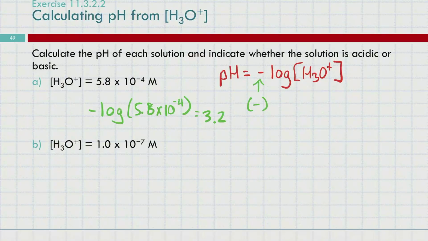A check is something that you write out, usually your name and amount, who it's to, like giving money to somebody. A check, in this case, is to make sure that we got the right answer. Our exponent was minus 4. Our value that we got out was 3.2. That's plus or minus 1 of the negative of our exponent.